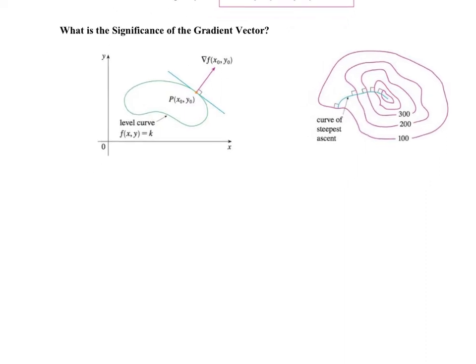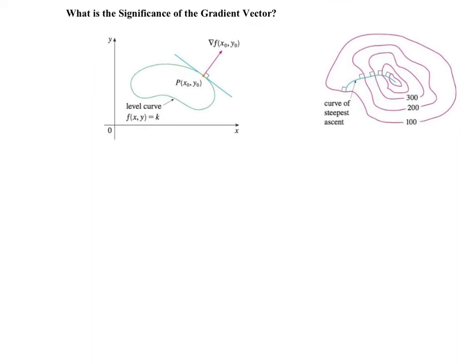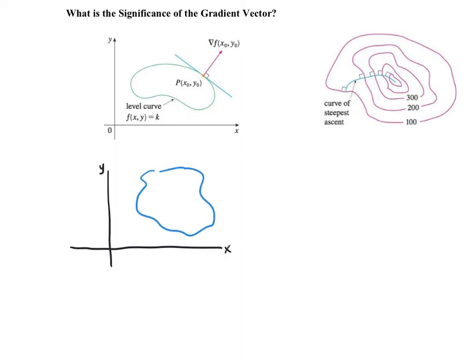So let me just draw a quick diagram and explain why this is. Let's say we have a surface, and I'm simply projecting the surface onto the XY plane. So this surface is hovering over the page, let's pretend, and I'm just looking at the shadow that it casts on the XY plane.